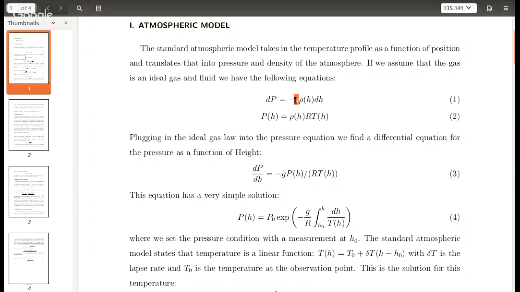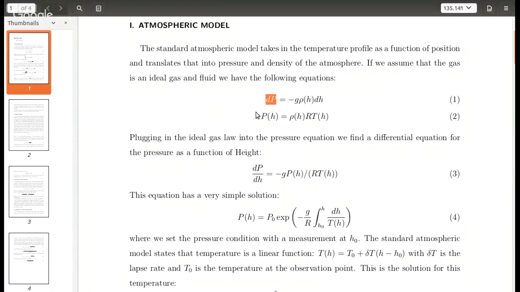So if g is 0, then my pressure doesn't change with height, which means there's not more pressure on the bottom than on the top, which is the whole origin of the buoyant force to begin with. That's just a side comment. Yeah, that's a good comment.